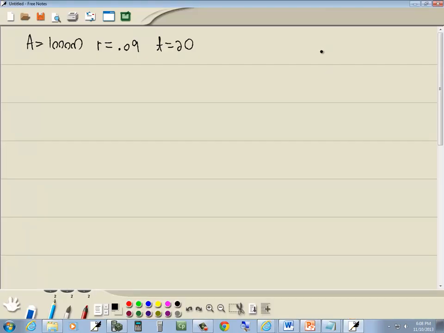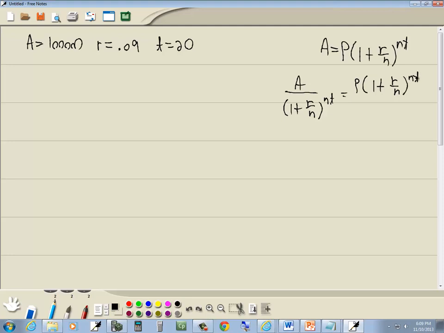So the formula we're going to use there is A is equal to P times 1 plus R over N to the NT power. Now I want to solve this for P, so we're going to divide both sides by 1 plus R over N to the NT power. So we get A over 1 plus R over N to the NT power is equal to P times 1 plus R over N to the NT power all over 1 plus R over N to the NT power.